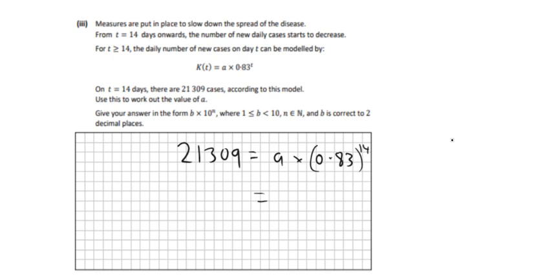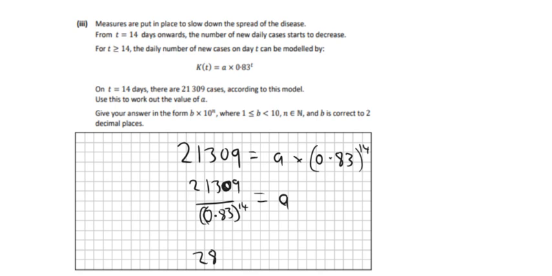So if you bring it over and divide it, because it's been multiplied on the right hand side, that'll find out what a is. The calculator will do it for you.